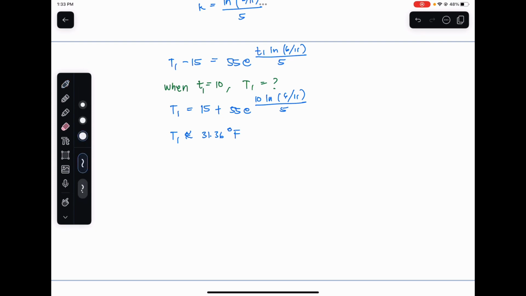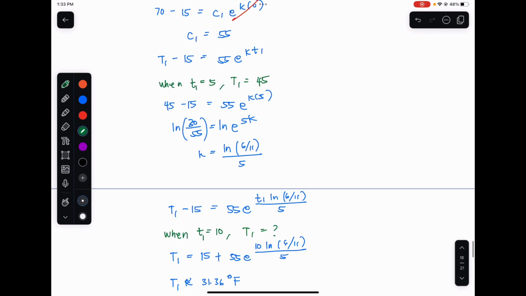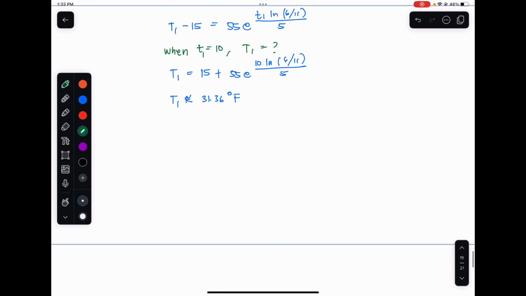Now that we have our T1, which is approximately 31.36 degrees Fahrenheit, it follows that when the time is 0, the time it was taken back indoors, the temperature is 31.36 degrees Fahrenheit as well.